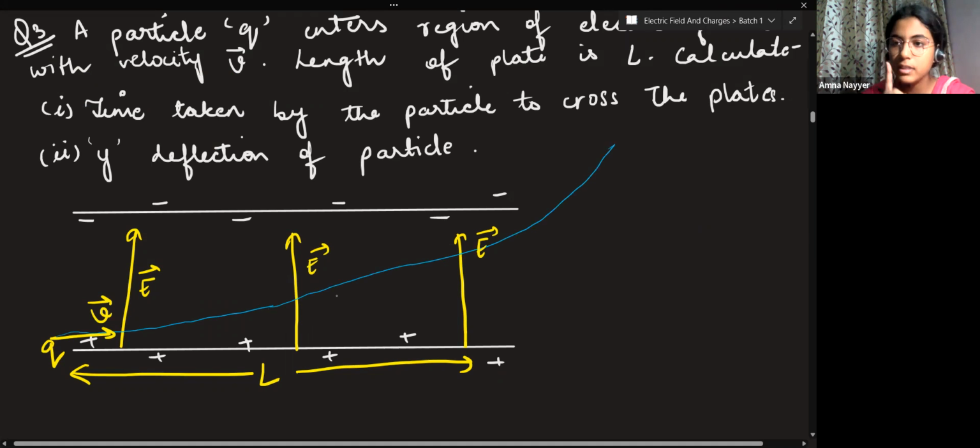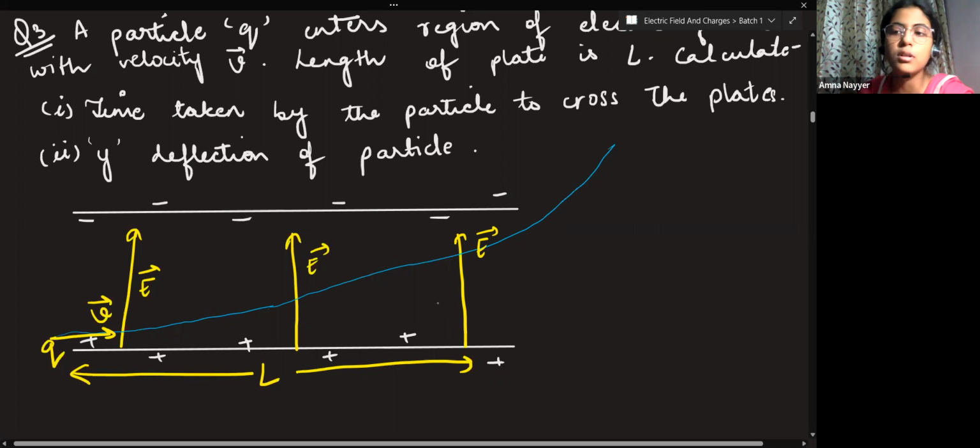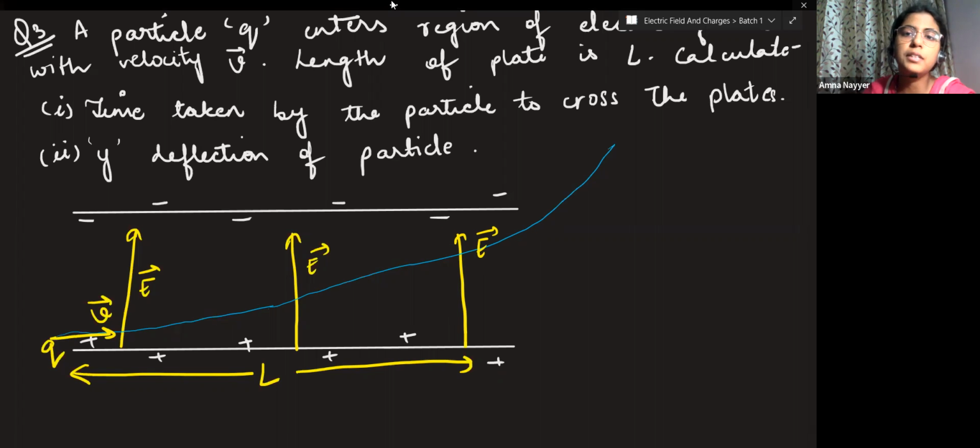This will be the trajectory. Why? It is a positive charge that has entered this region of electric field. The negative plate will attract it, so it will move straight ahead, but with an inclination towards the negative plate. Because the negative plate attracts this positive charge, this will be the trajectory.